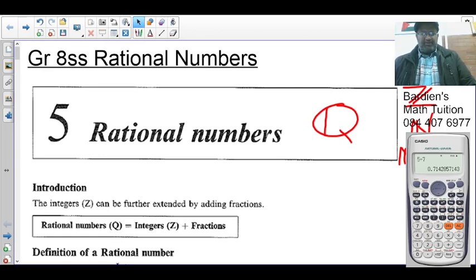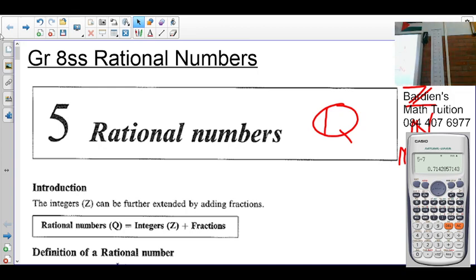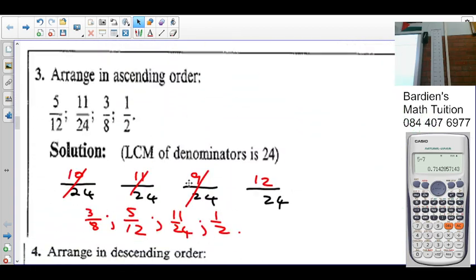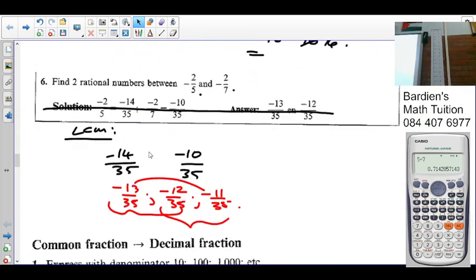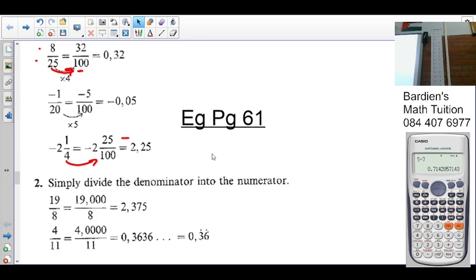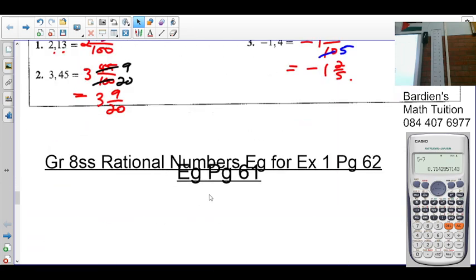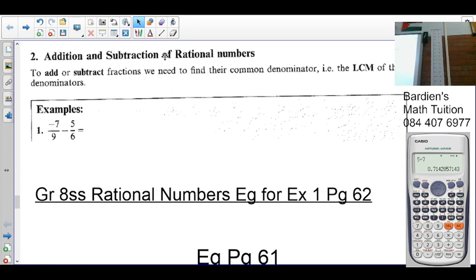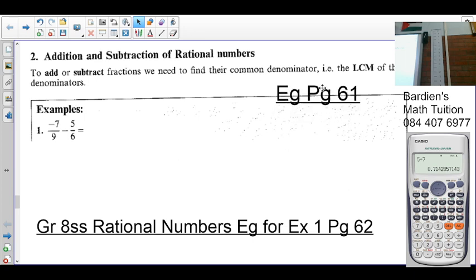Okay, good morning class. So at this point we have marked the homework for exercise 1. So now we're looking at the examples on page. We're looking at addition and subtraction of rational numbers. That's reading for today.